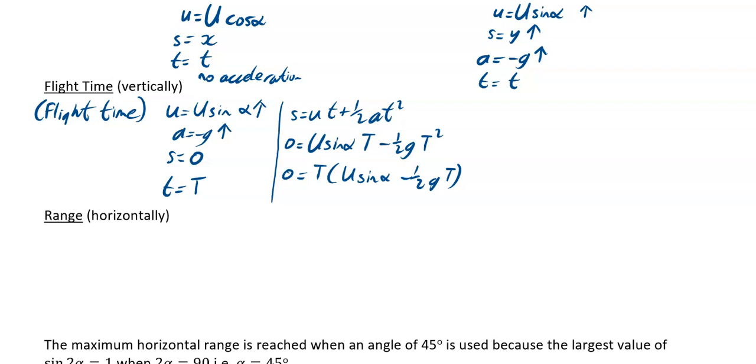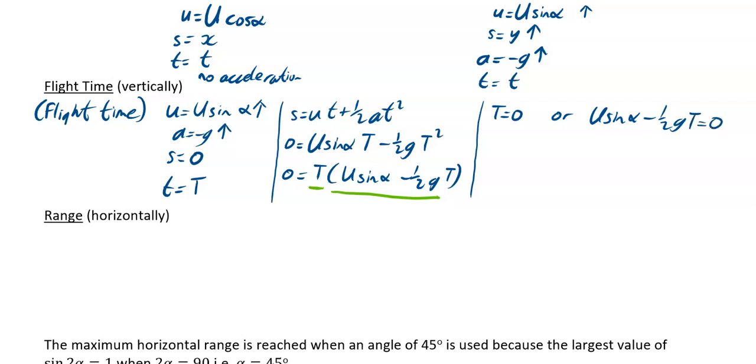Which means, this is this lovely thing in mathematics, you've got 0 is equal to A times B. So either A is equal to 0 or B is equal to 0. So in this case that means capital T is equal to 0, or U sine alpha minus a half g T is equal to 0.